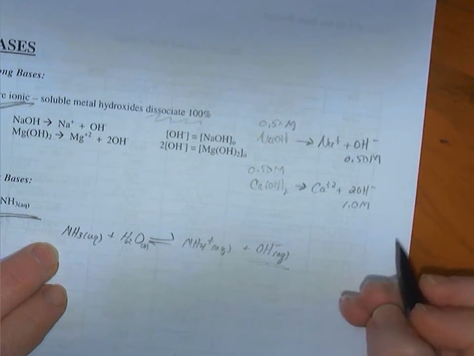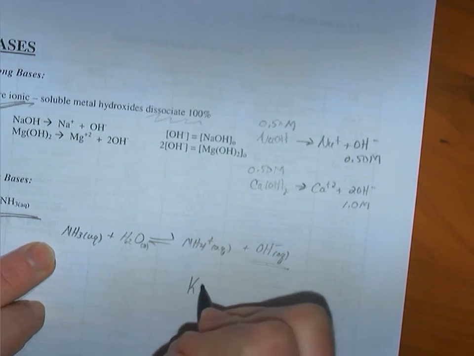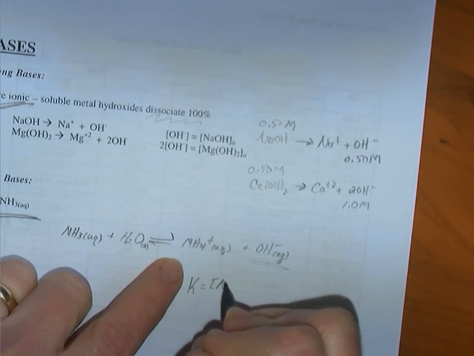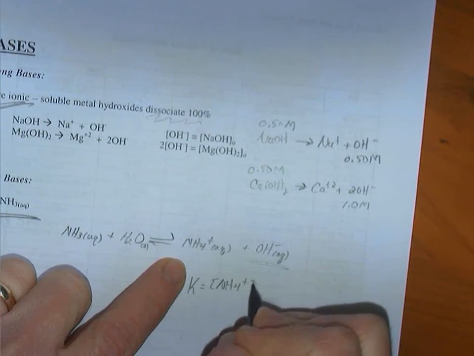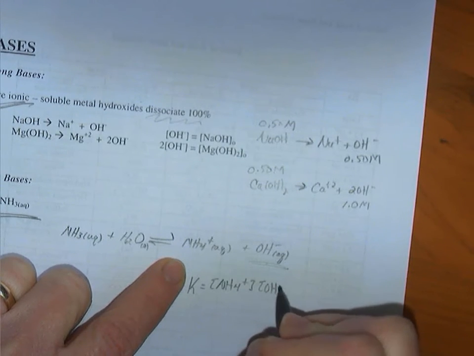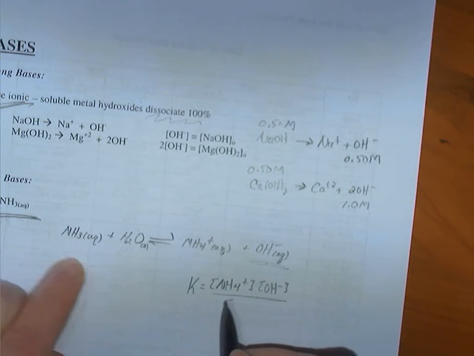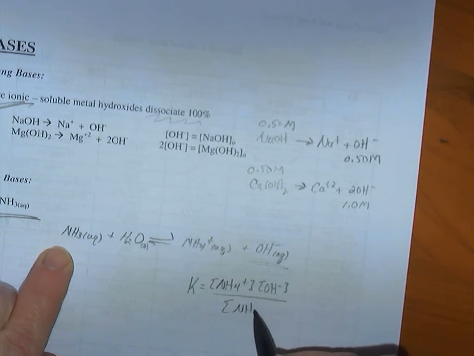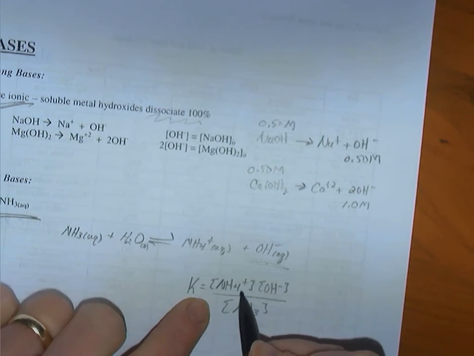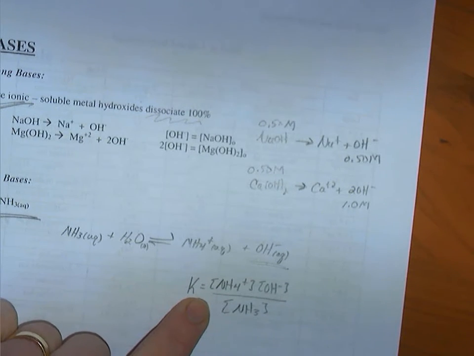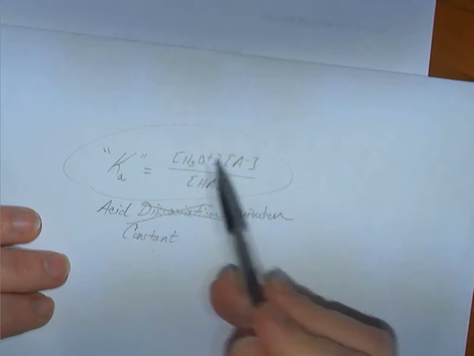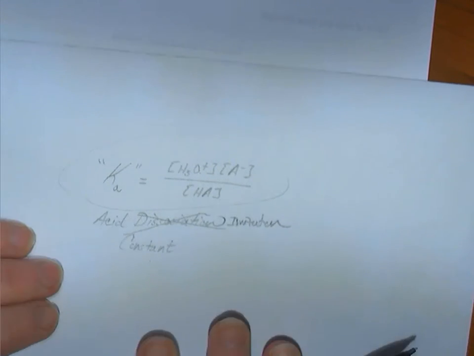So if we would write a K expression, it would be the conjugate acid of our weak base times hydroxide over the concentration at equilibrium of our weak base. So it's different. Remember, Ka is the hydronium times the conjugate base over the concentration of weak acid.